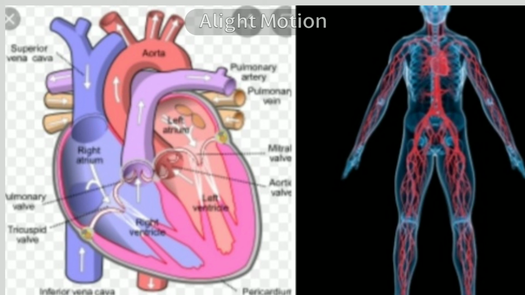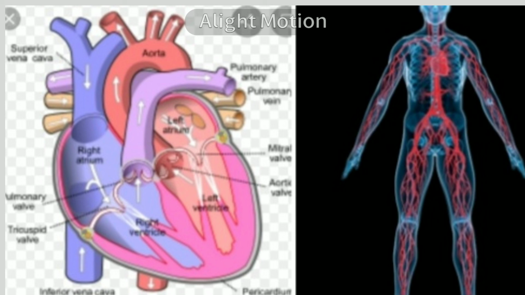Such separation allows a highly effective supply of oxygen to the body. The circulatory system and the respiratory system are directly related, because the lungs and the heart have a connection, one after the other, in functioning.